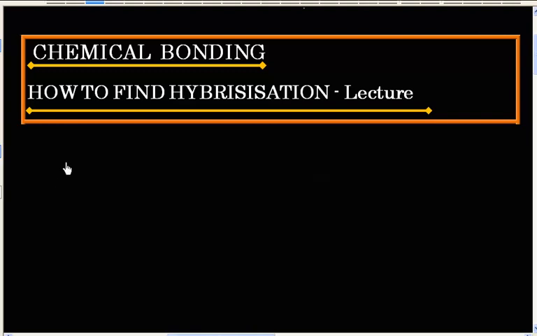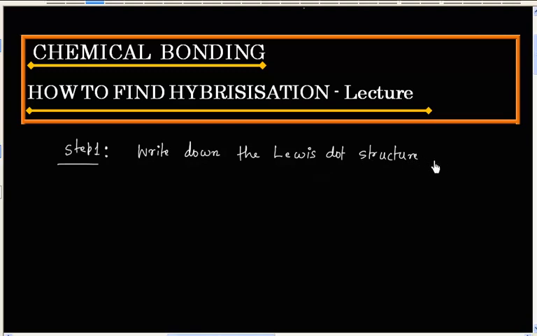So the first step is to write down the Lewis dot structure of the given molecule.